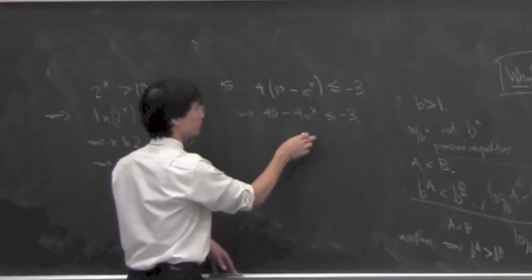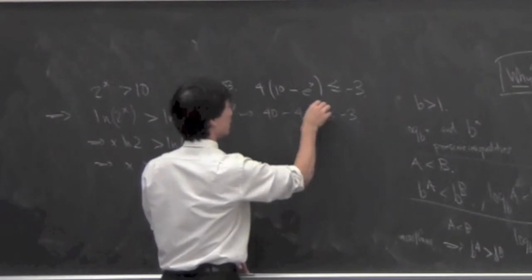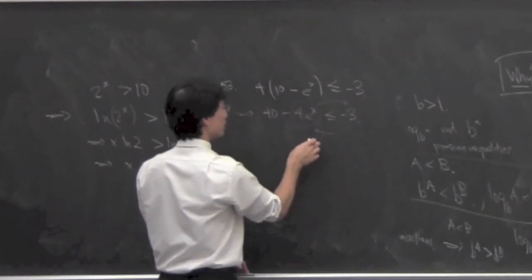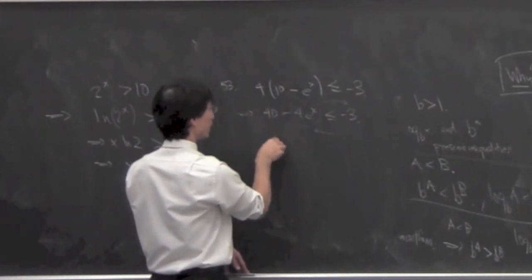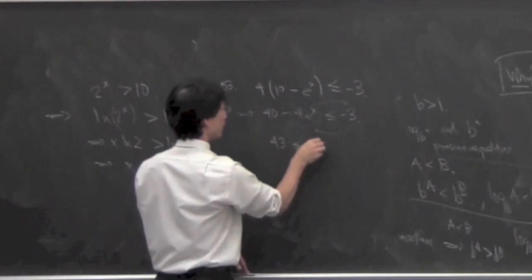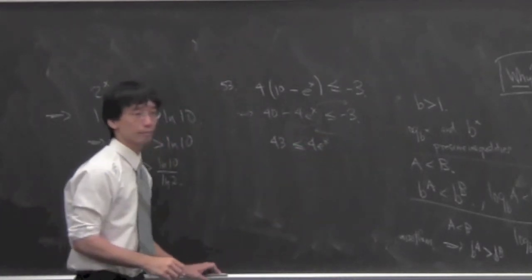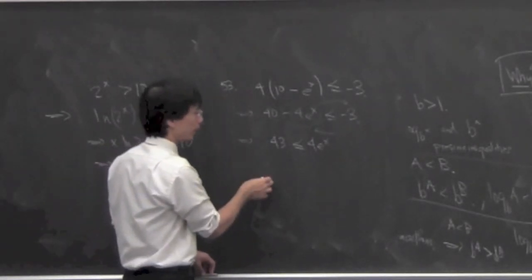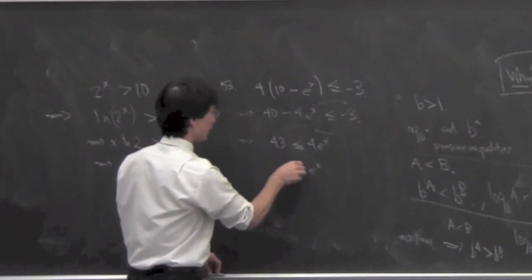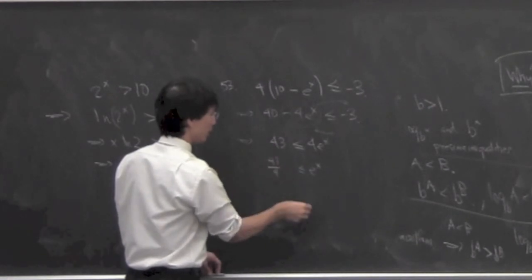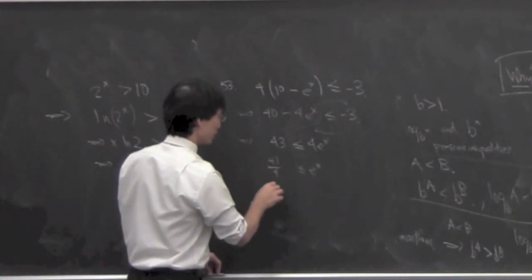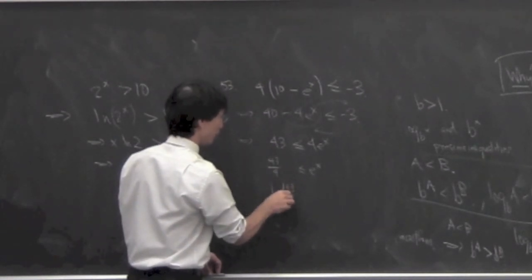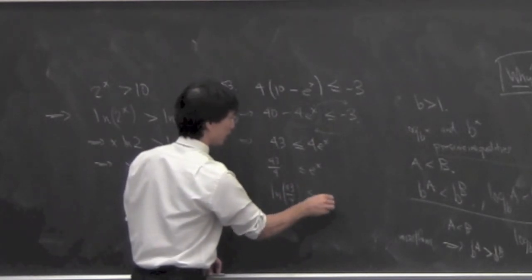So I'm going to move this guy to this side and this guy to the other side. So we get 43 is less than 4e to the x. Right? So e to the x is greater than 43/4. And you take natural log of both sides. Natural log of 43/4 is less than x.